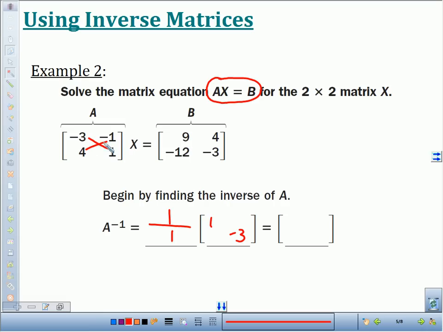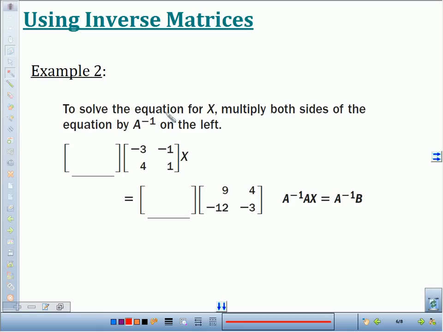The other line connects 4 and negative 1, and that just changes the signs. So negative 1 becomes positive 1, positive 4 becomes negative 4. Now, of course, since I'm multiplying all this stuff by 1, my inverse matrix is really just 1, 1, negative 4, negative 3. And I'm going to use this matrix to solve this equation.